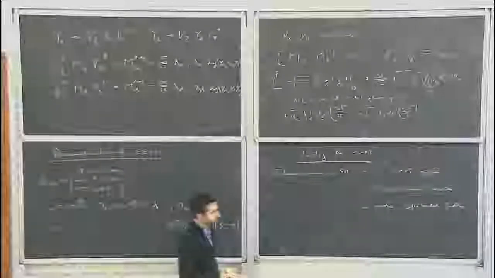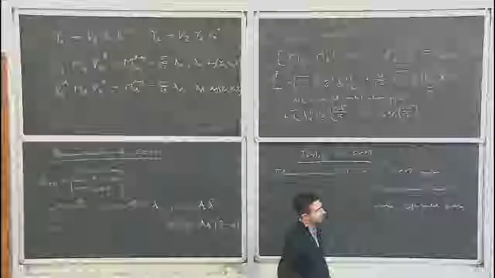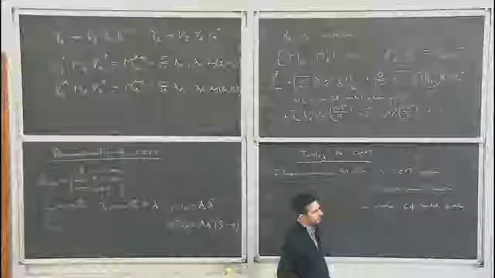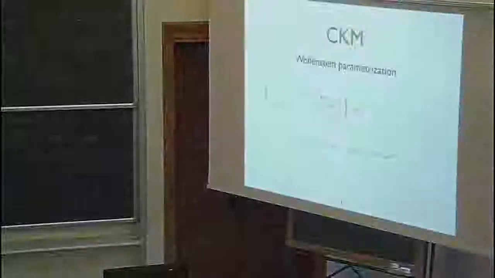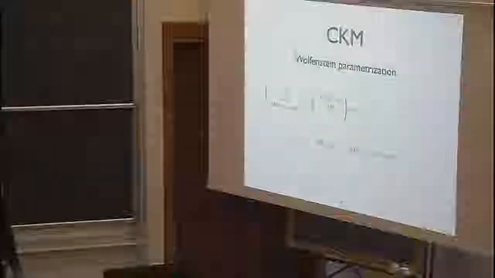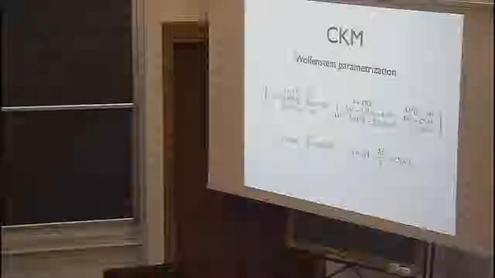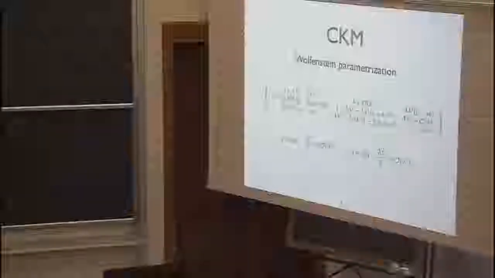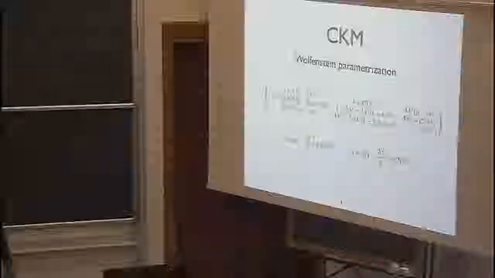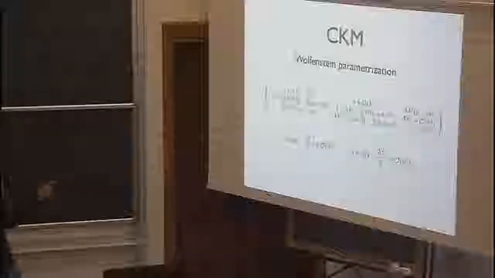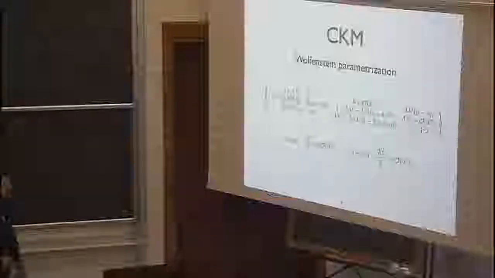In particular, here I've written out such an expansion up to order lambda cubed, and nowadays, since the precision of experiments has reached a certain level, one actually needs to use expansion up to order lambda to the fifth, and this is the expansion of the CKM in the Wolfenstein parameterization up to this order. Some terms are actually exact even up to high orders.